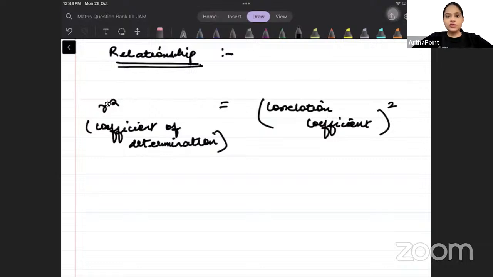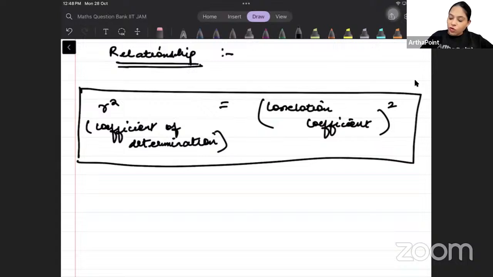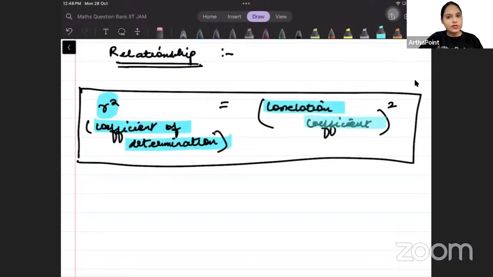We can prove the same relationship, right? But for me, proving was not that important here. For me, it is more important for you to understand that this relationship exists. Here, already this r square itself is called coefficient of determination. And here r is called correlation coefficient.